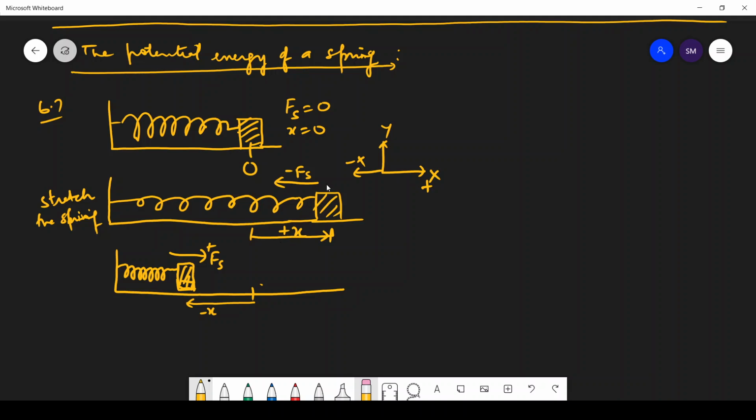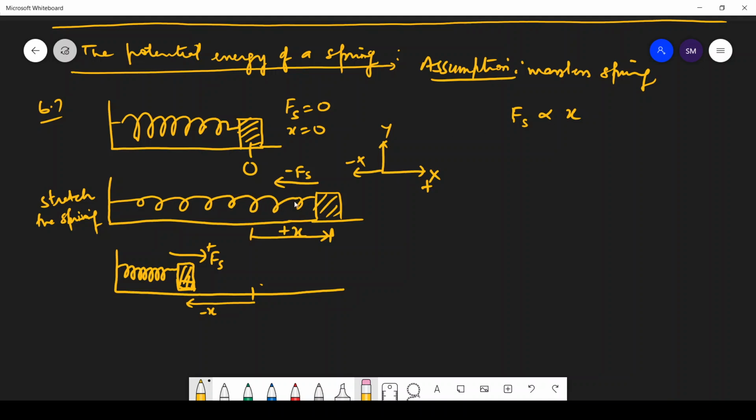So what does Hooke's law say? What is the assumption here? Assumptions are very important, students. Massless spring. So the spring force is proportional to the displacement.